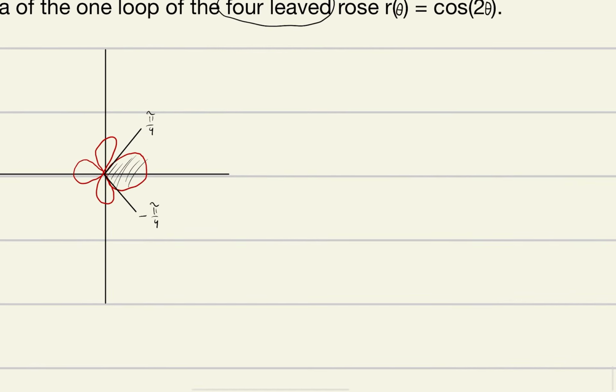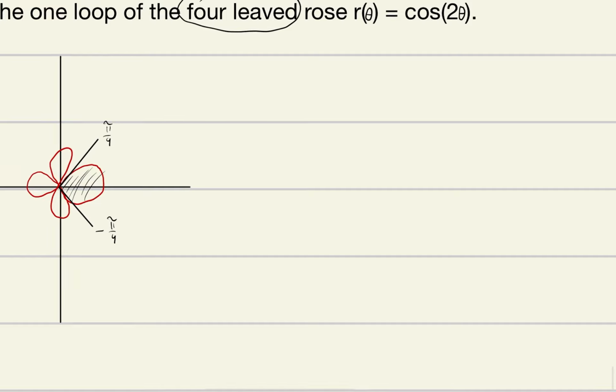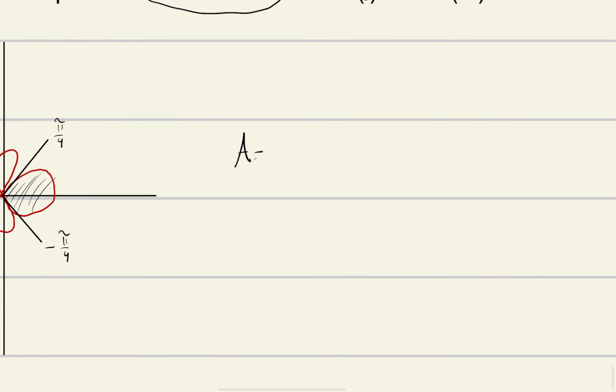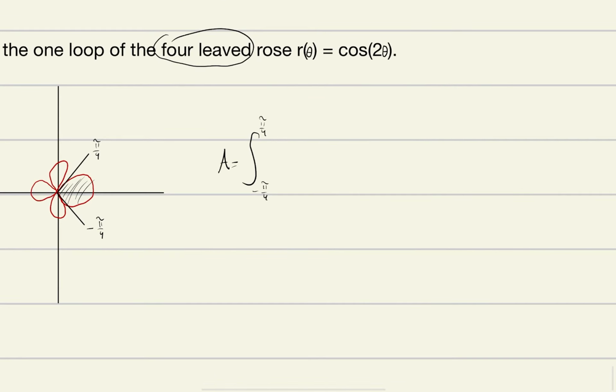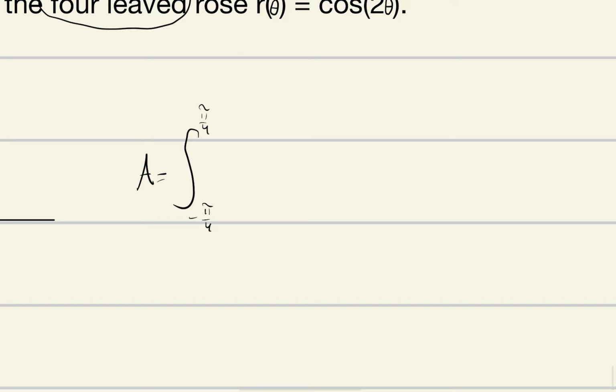So we can say the area is equal to the integral of negative pi over 4 to pi over 4. And to find the area of a polar equation, it's 1/2 r squared d theta.